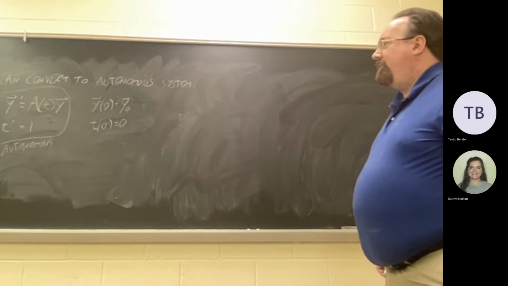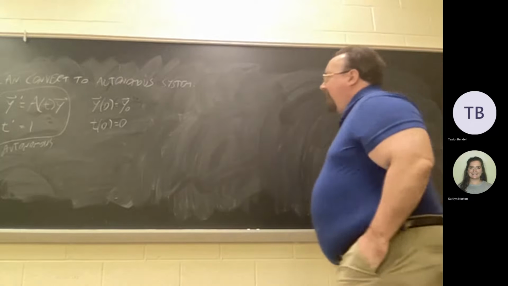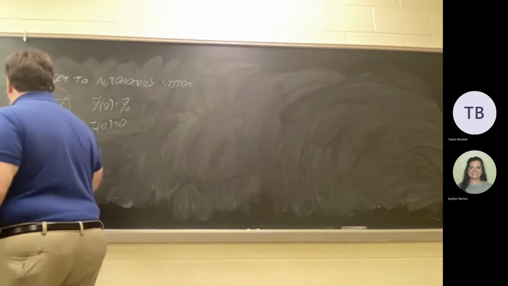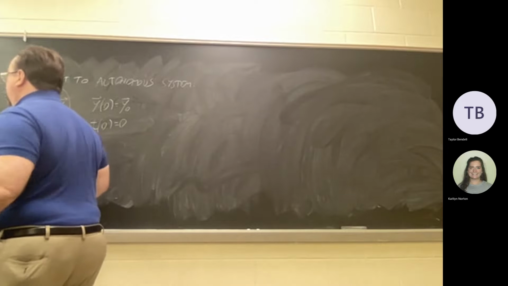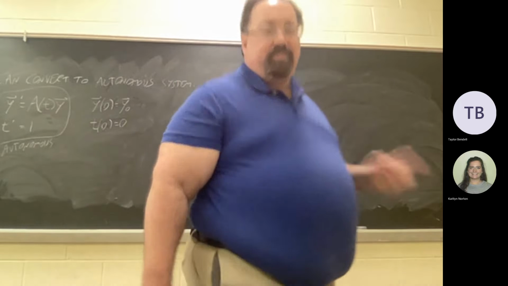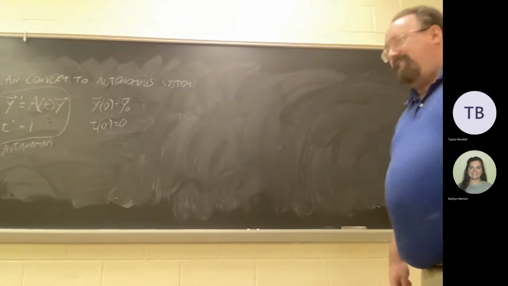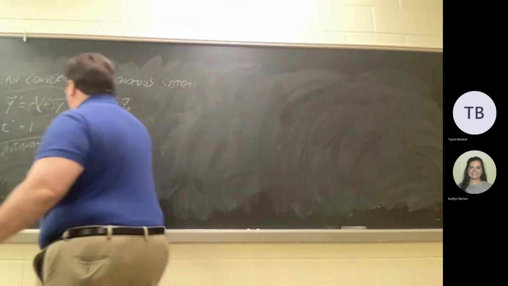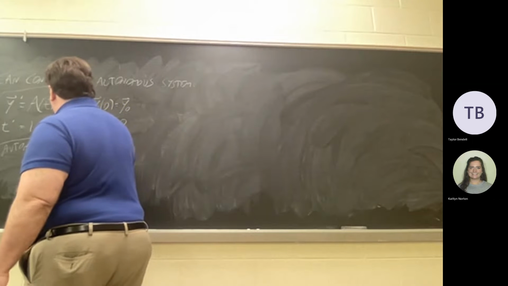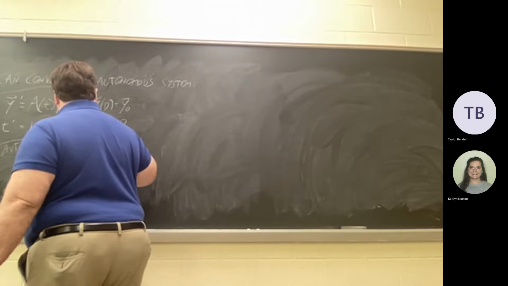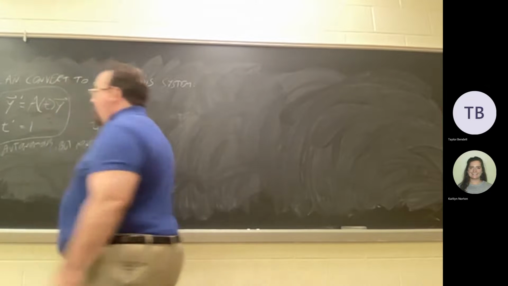So now I'm thinking, well, since this is autonomous, maybe I can do a matrix exponential or something like before, except I just realized there's still a problem. It may be autonomous, but it's nonlinear now.